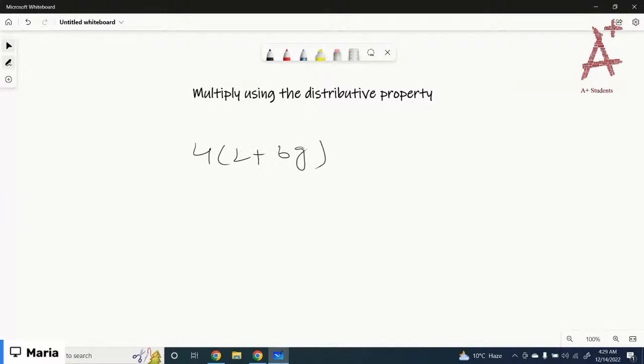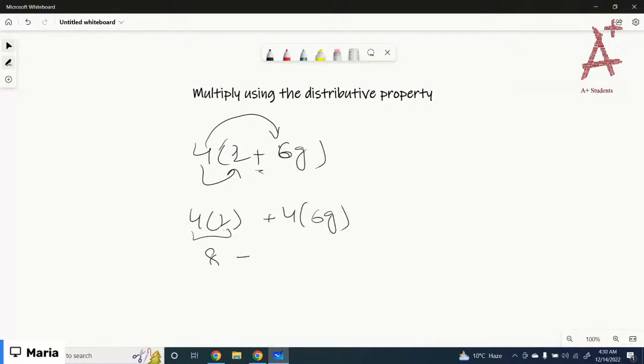So what is the distributive property? The number that is written outside the bracket is going to be multiplied with every number inside the bracket. You have to do 4 times 2, then you have an addition sign, and then you have to do 4 times 6g. That is the distributive property. It is distributed over the addition.